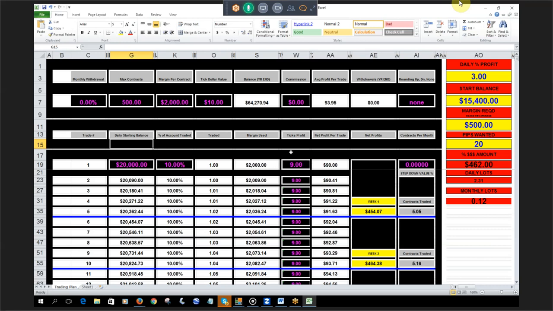What are you using as a daily target? In terms of pips? What I'd like to make? I'd like to do about 20 pips a day. All right, so let's make this 20. And how did you come up with 20 pips a day? Because of the market itself, I think you can consistently pull out about 20 pips a day comfortably. That's a reasonable way to look at it, but it's the wrong way to pick that number.